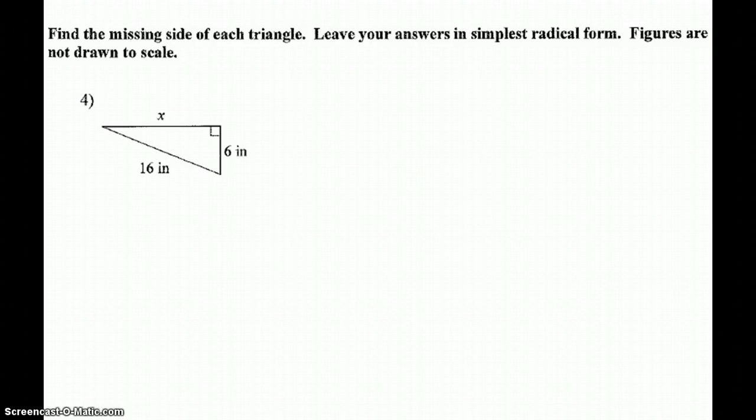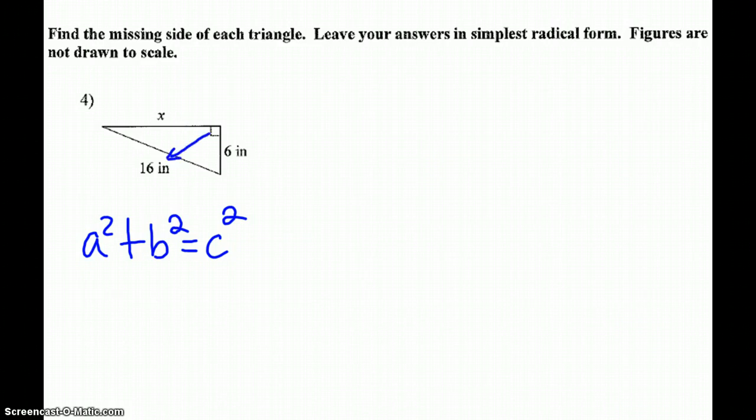Well, in number 4, they give you 2 of the 3 sides. Anytime we know we have a right triangle and they give us 2 of the 3 sides of the triangle, we can use Pythagorean theorem. A squared plus b squared equals c squared. Remember that c is always your hypotenuse.